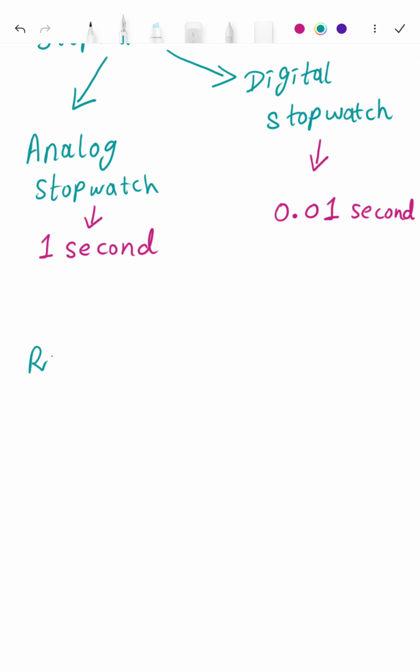Now let's suppose there are two runners running in a race, runner 1 and runner 2, and both of them complete the race in 10 seconds. So we can't decide who is the winner and who is the loser until we know how many milliseconds they have taken to complete the race.